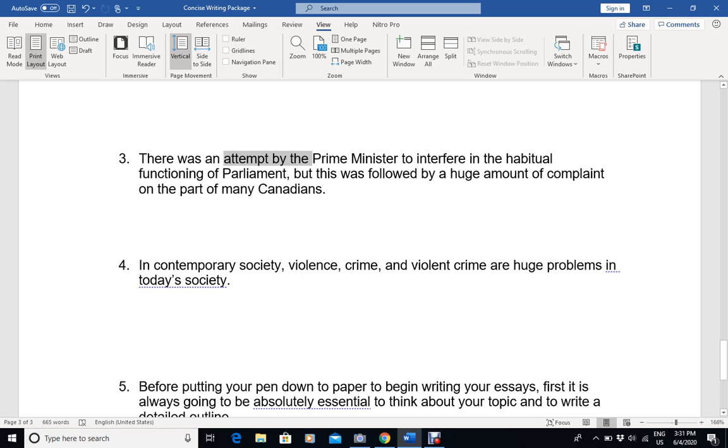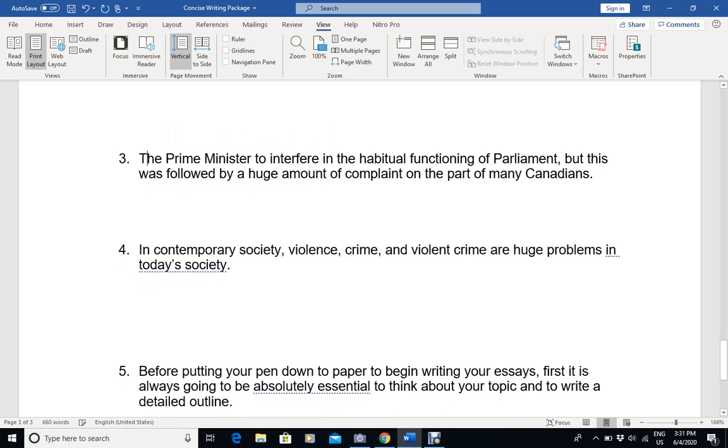So we can very simply say, we'll use an action verb here, "The Prime Minister interfered in the habitual functioning of Parliament." Now, functioning just means the happenings, the goings on, the role of Parliament.